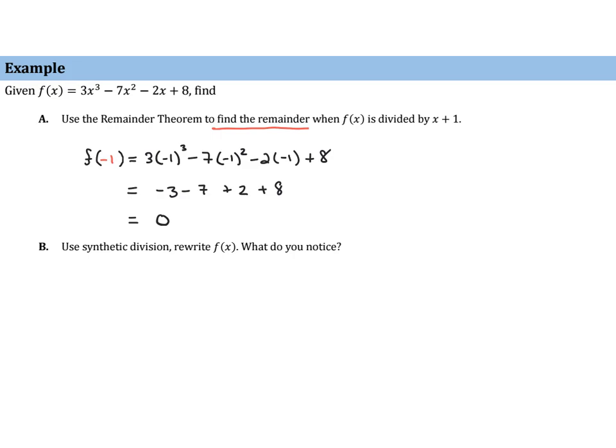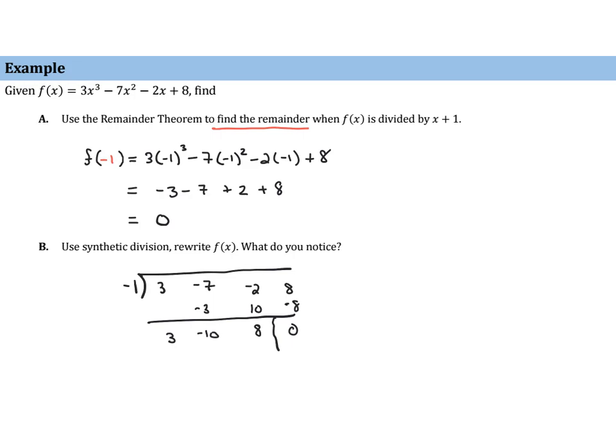So now let's use synthetic division to rewrite this problem, just to see what the connection is. So negative 1 on the outside, and we have 3, negative 7, negative 2, positive 8. So bring down the 3, negative 3 when we multiply, then add, then multiply, and add, multiply, and add. So we do get that remainder of 0 like we had thought. But what else do we know?